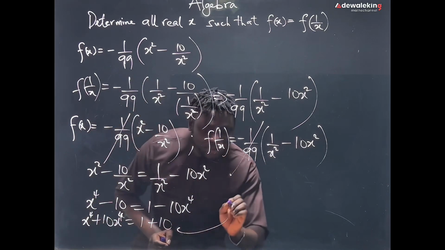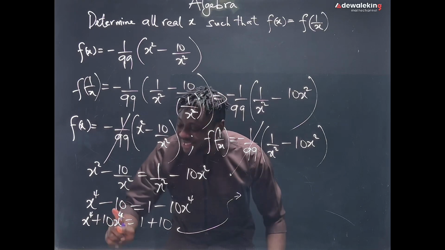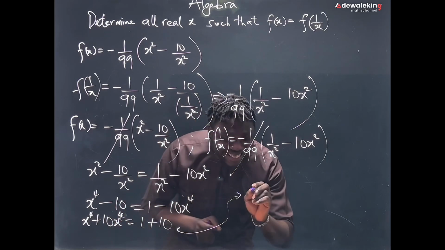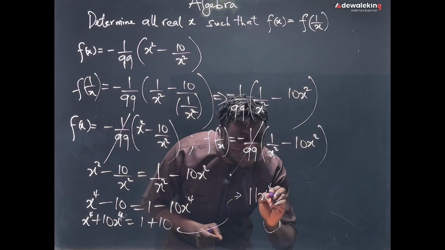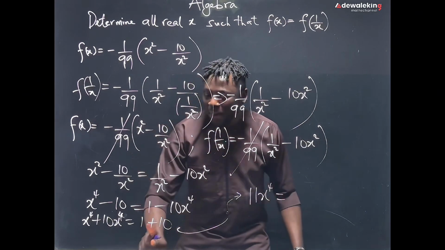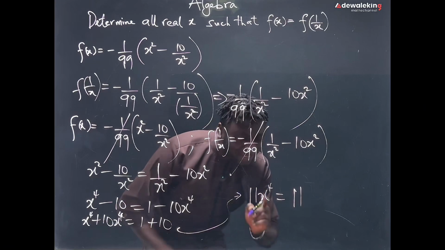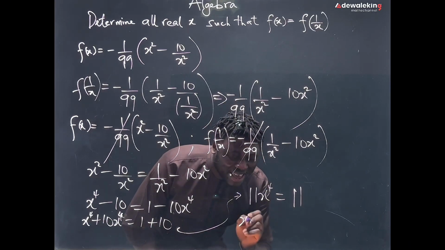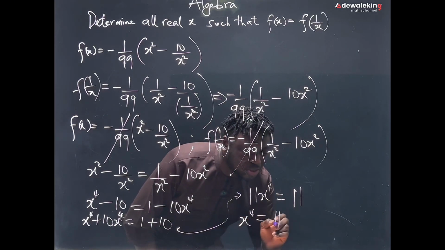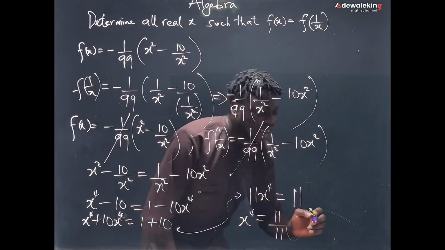So x raised to power 4 plus 10x raised to power 4 is 11x raised to power 4, which is equal to 1 plus 10, which is 11. And from here, we can find the value of x. So we have x raised to power 4 equals 11 divided by 11.